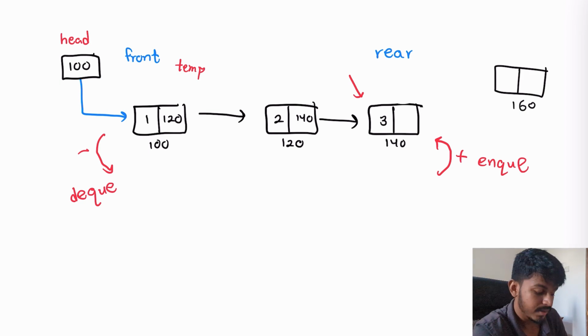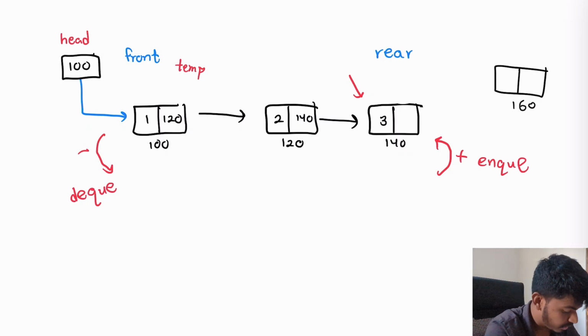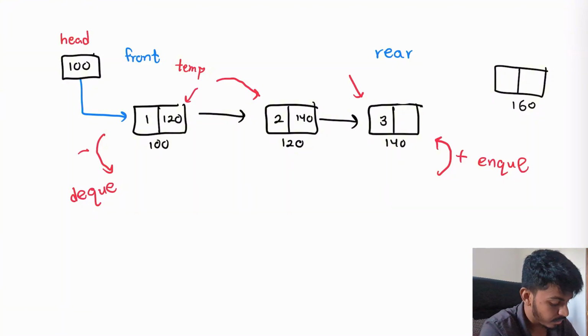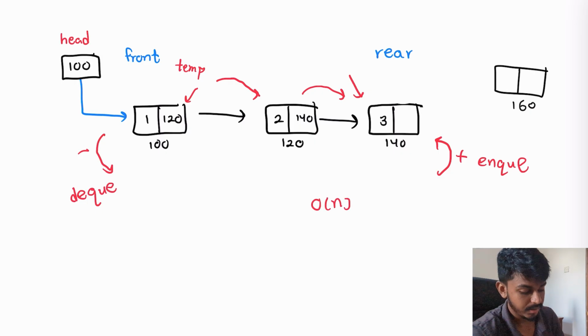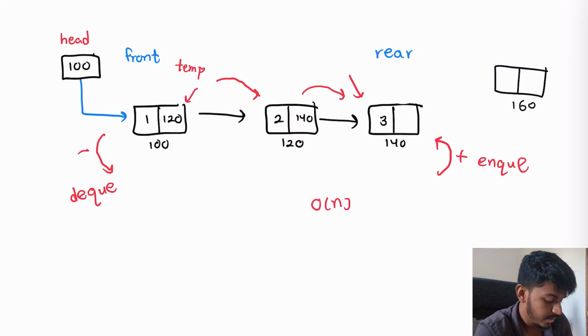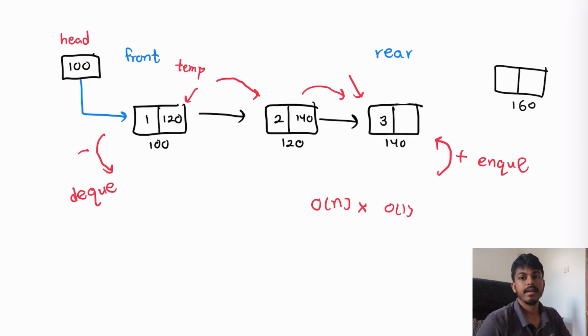First I am going to store the first node address, then the second node address, and so on, traversing through all of these linked list nodes to go to the rear node and access it. Now, this is going to take order of n time complexity. That means it depends on the number of elements present in this linked list. This does not satisfy order of 1 time complexity.